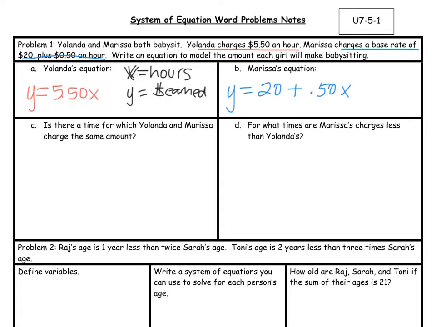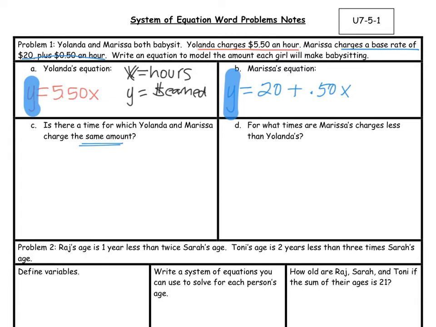So we want to find out when there is a time for which Yolanda and Marissa charge the same amount. Well, since they're both equal to y, Yolanda's equation equals y, Marissa's equation equals y, we can set them equal to one another.